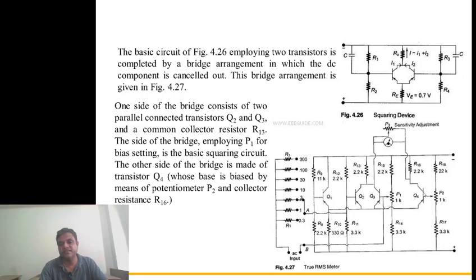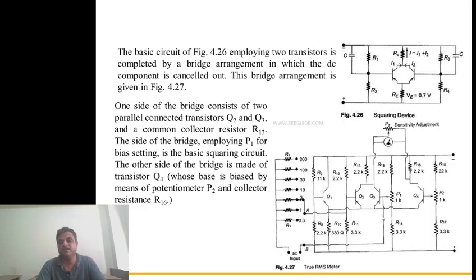Here, if you replace this transistor combination, we have already studied the measurement of voltage. Then they inserted this particular circuit because here we are required to measure the RMS value.